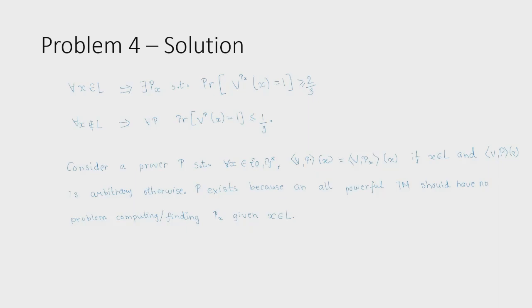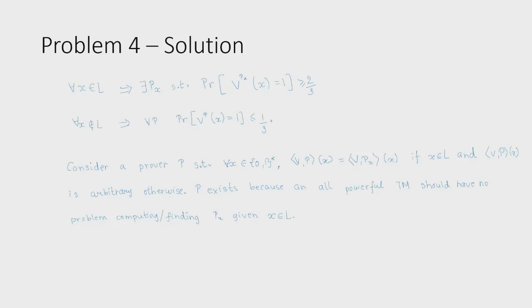So what does P do? It knows x. Since it is all powerful, it can figure out what Px is, the special prover for the string x. Then it just simulates that. So at the beginning it finds Px. Then V sends input A1, P would output A2, and A2 would be the same as the output of Px on x and A1, and so on.